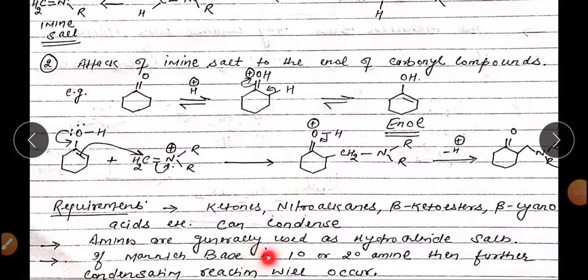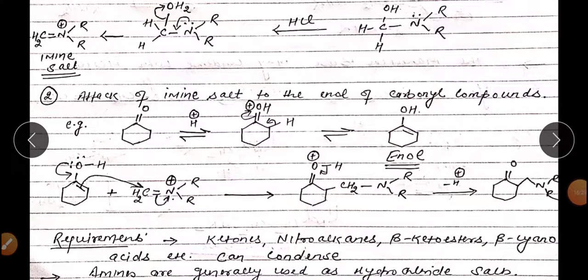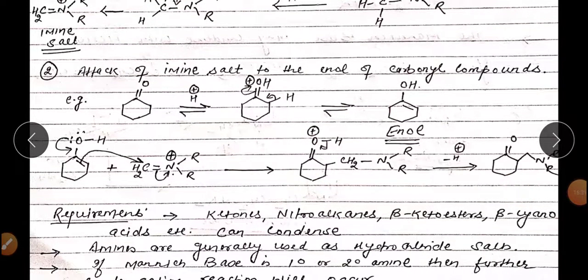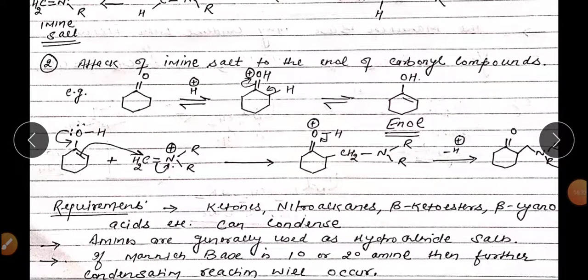When the Mannich base is a primary or secondary amine, then a further condensation reaction will occur. For example, this is your Mannich base, and when the Mannich base formed is either a primary or secondary amine, at that time further condensation will happen.